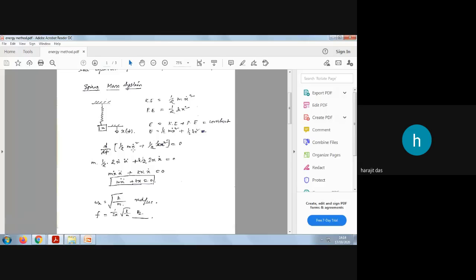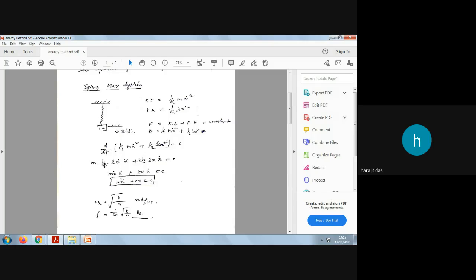So half m into 2 x dot into x double dot. Then half k 2x into x dot, because it is not dx by dx, it is dx by dt. That is why you need to again differentiate x with respect to t, and the x double dot term and x dot term will come. Simple mathematics, equal to 0.